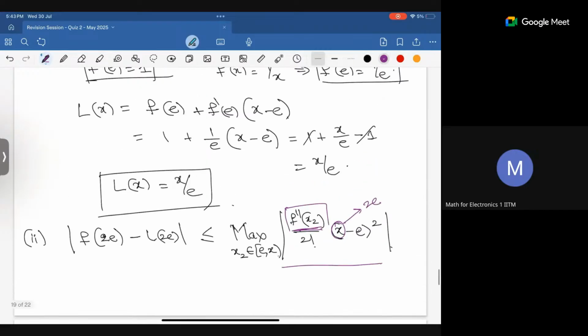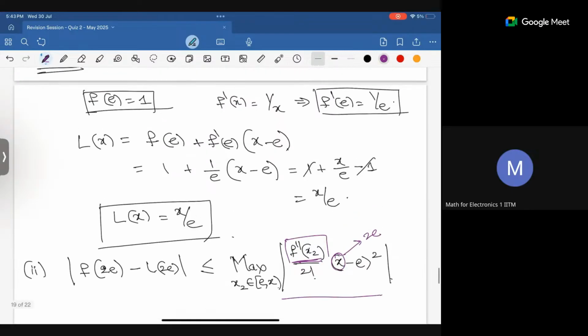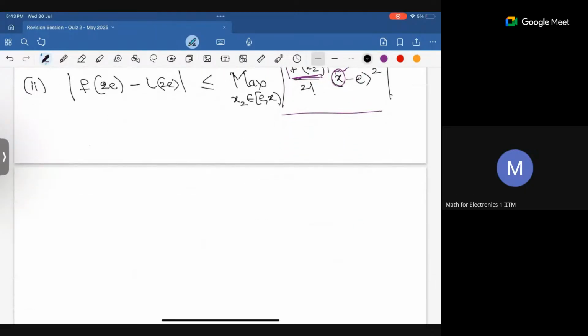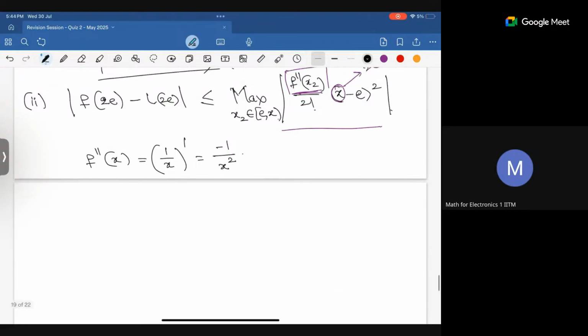Right, so for that we need f double prime of x. We already have f prime of x with us. If I find f double prime of x, it will be the derivative of 1 by x, which is minus 1 by x square. Correct?